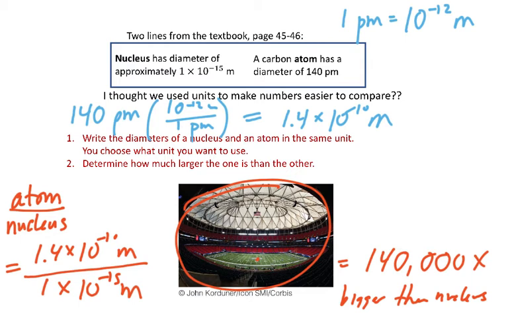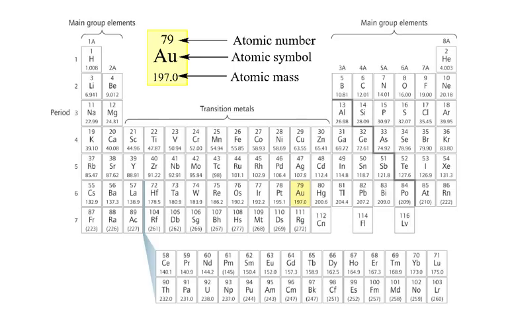subsection, which is elements in the periodic table. So an element is actually defined by the number of protons in its atoms, and this number is known as the atomic number. If we look at a periodic table, we see that every element has a different atomic number. 1, 2, 3, 4, 5, 6, and so on, right?